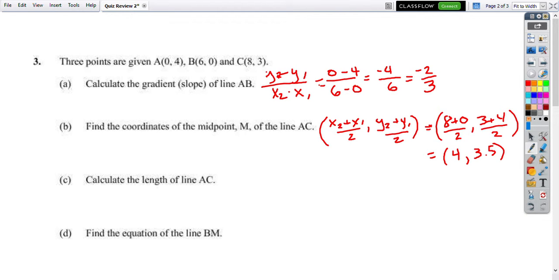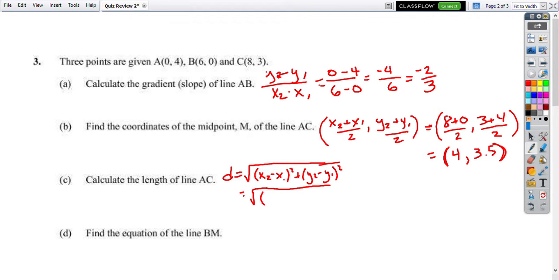And then we're going to calculate the length of line AC. So if we use the distance formula, that's the square root of x2 minus x1 squared plus y2 minus y1 squared. Remember, we got to have these parentheses there, so don't forget them, okay? And then distance is going to be that radical.